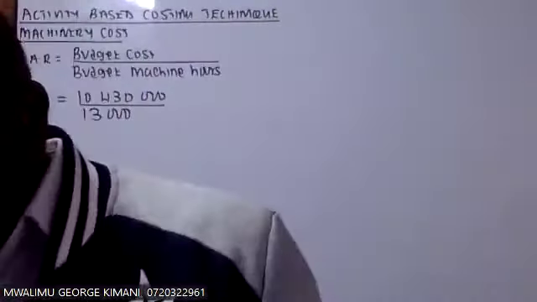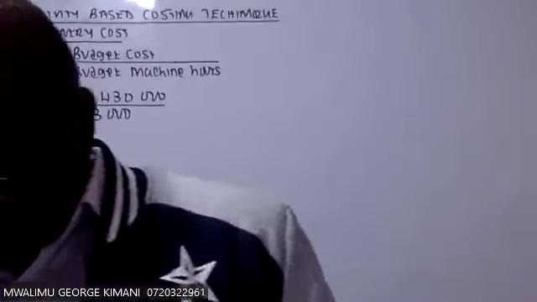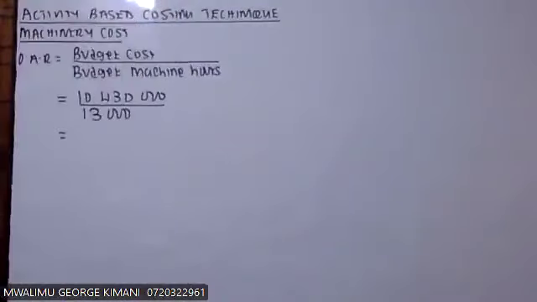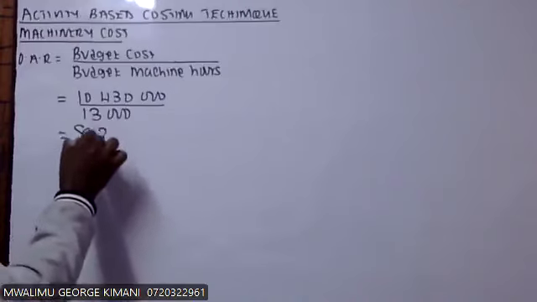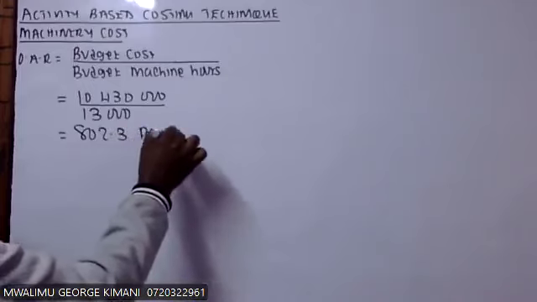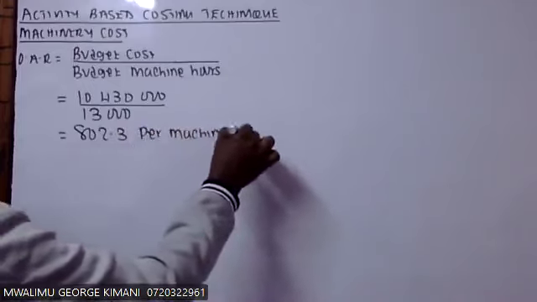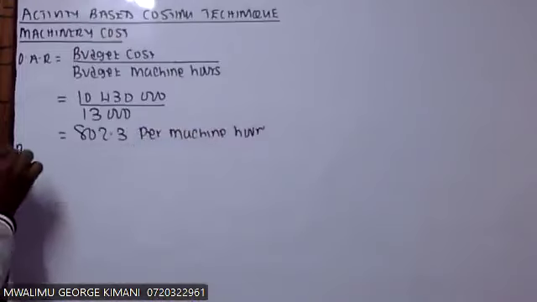That gives 802.3. Now this 802.3 is per machine hour. So you now come and get per unit.